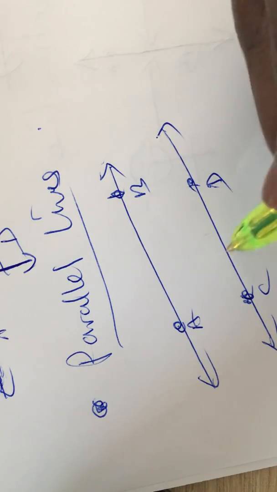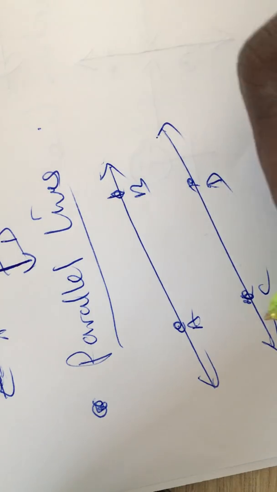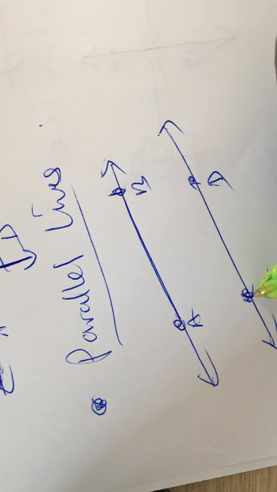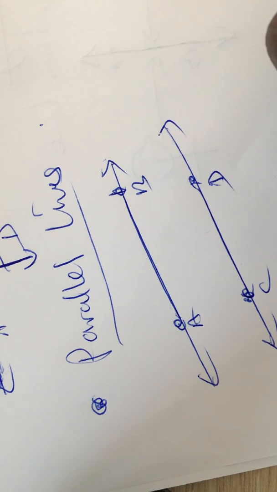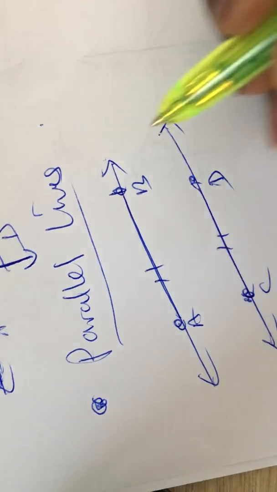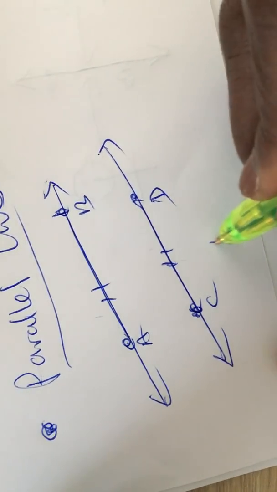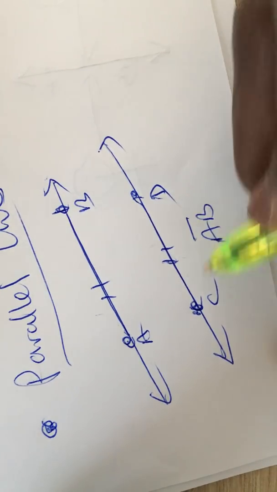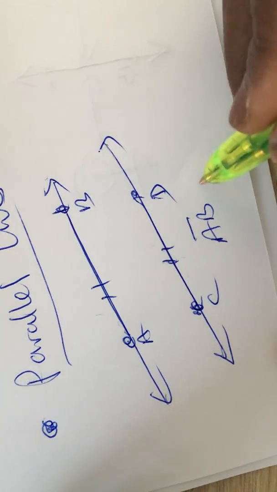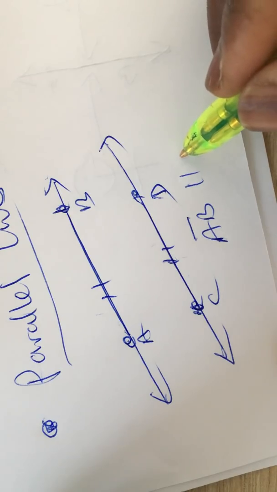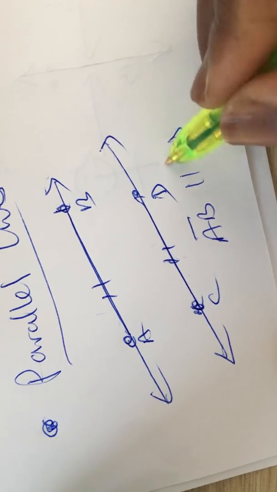They could have equal length or not, but as long as they have no possibility of intersecting, you can call them parallel lines. You can either leave them like that with that equal sign, or just say line segment AB is parallel to line segment CD.